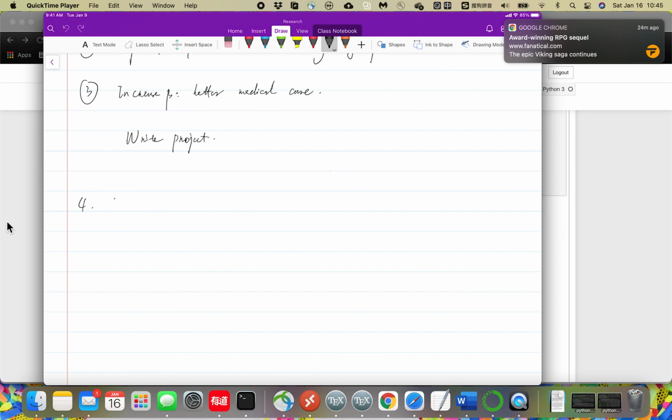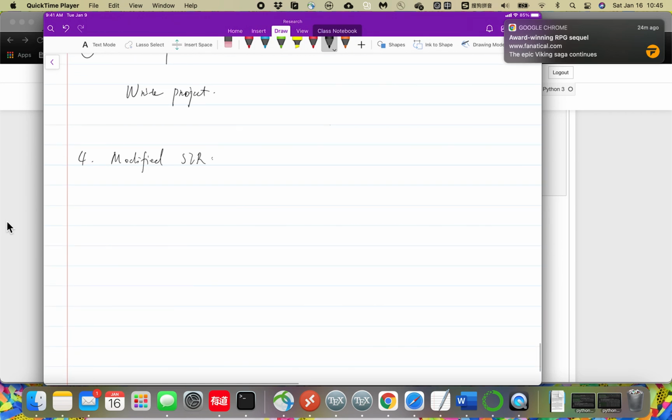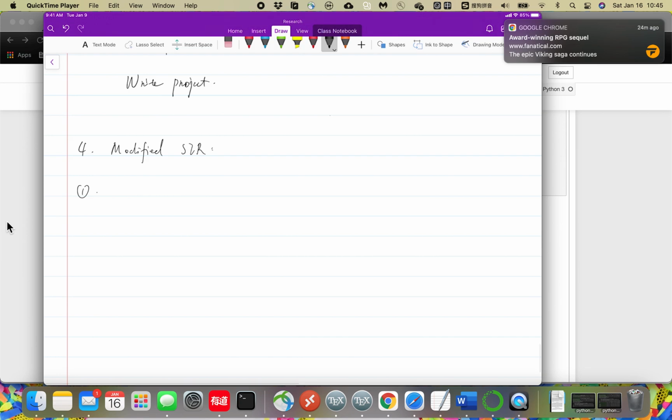So number 4, we have the modified SIR. I think you are already seeing this. The model sucks. Like, it's great, it's a very simple idea, but it definitely can be improved, right? So I will just introduce several models that you can think about. I won't talk about the details. The first one is SIR modified to consider vital dynamics, which basically means birth and death.